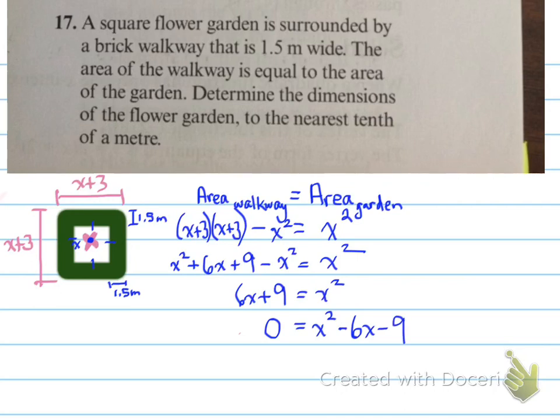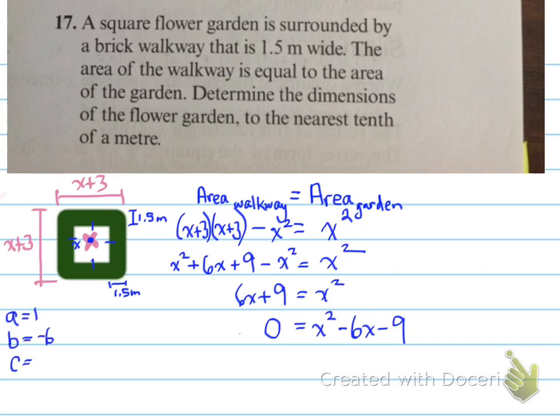Now, if you try to figure out what two numbers multiply to give you negative 9 and add to give you negative 6, you will discover very quickly that it is impossible. Therefore, we need to use the quadratic formula to solve this problem.